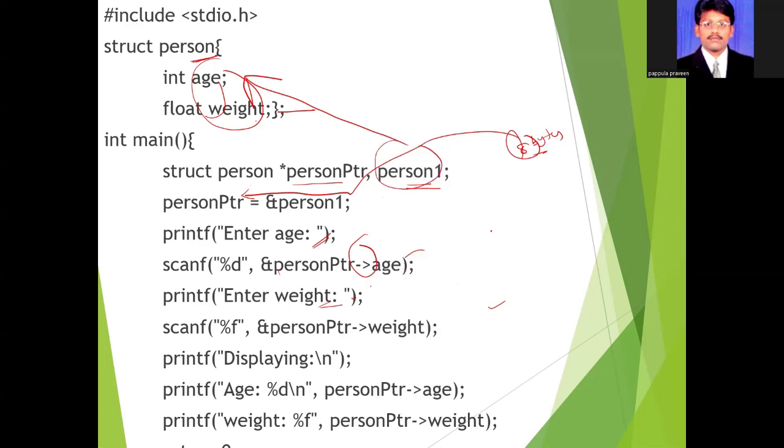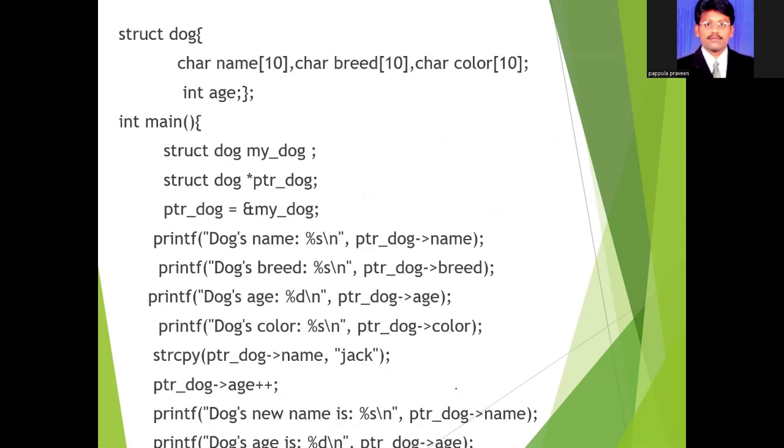Remember this point: in pointer to structure, we use the arrow operator for reading as well as accessing. Same way, person pointer arrow weight. Display person pointer age and person pointer weight. We read the values and print the values.